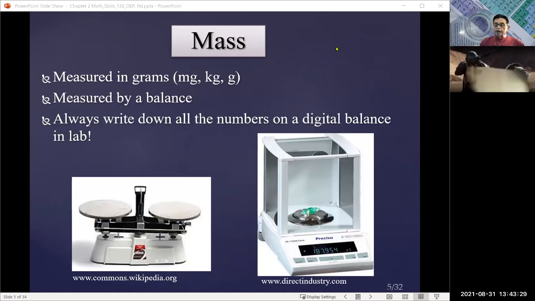The analytical balance, if we were in the lab for real, those of you who are doing the lab in person, you'd be using the balance. The balance on the right is a lot more accurate. We can go to the 4th decimal place with the digital balance on the right, whereas the balance on the left is a little bit less accurate, maybe 2 decimal places at the most. Okay.